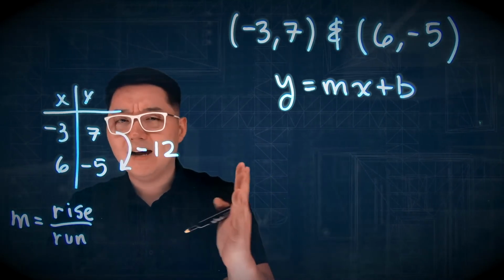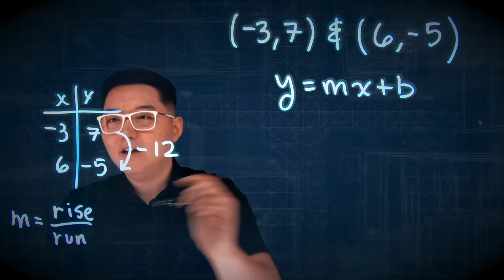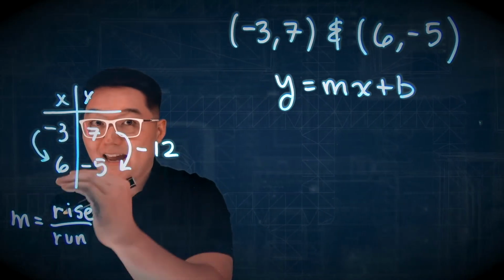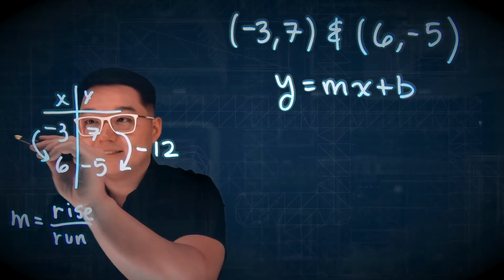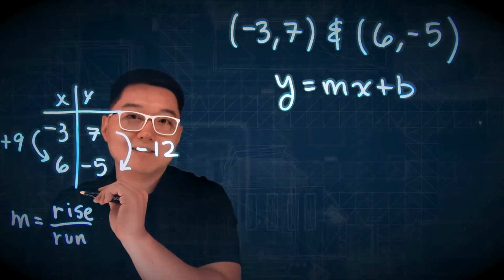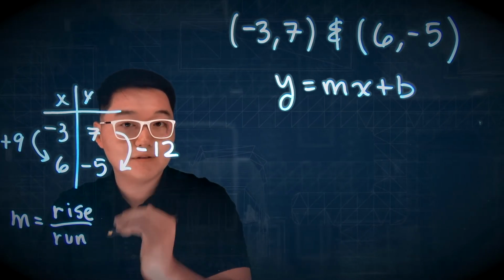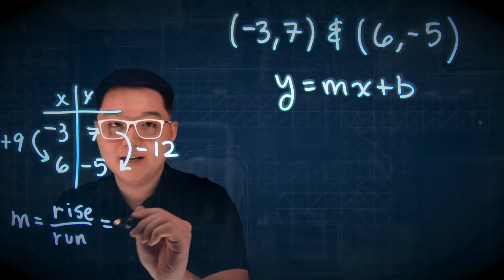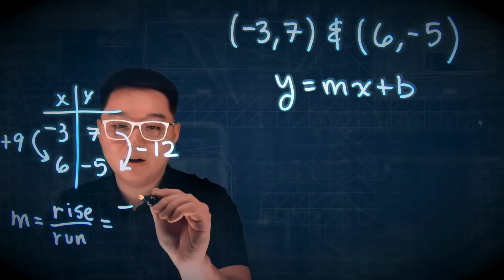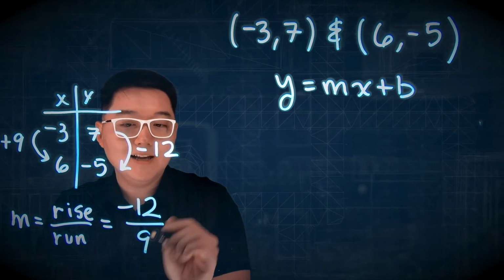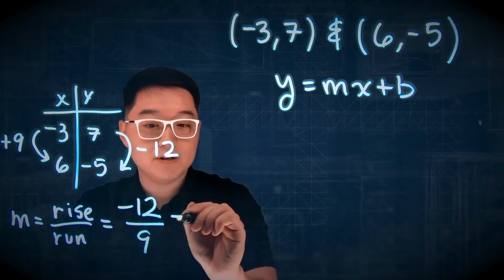Okay, so now how many days have passed? From -3 to 6, you have actually gained 9 days have passed. So what is the ratio of rise over run? The ratio of rise over run must be you have lost 12 whole dollars in a span of 9 whole days. Now this can be further reduced.